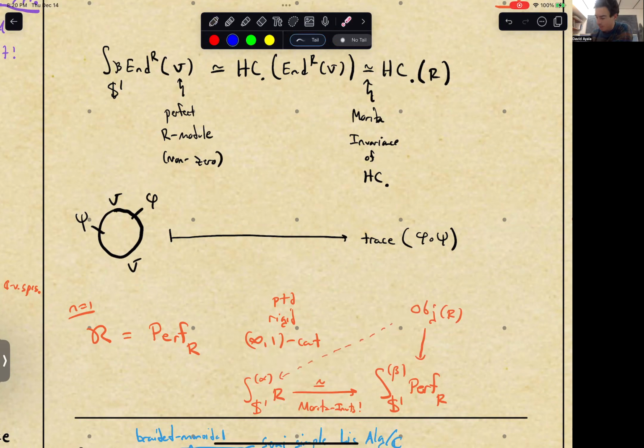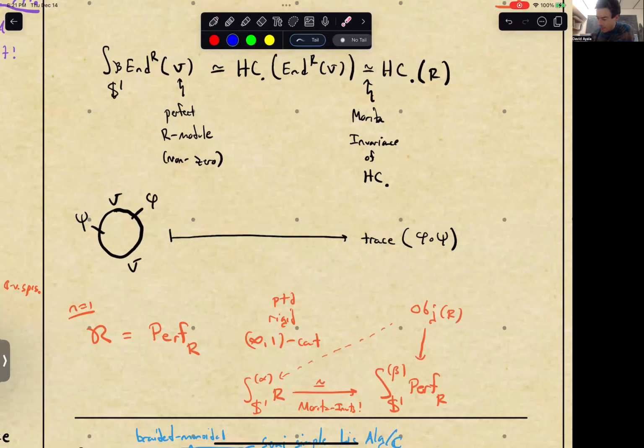And so part of the reason that Nick Rozenblyum and I even started thinking about beta factorization homology was in order to achieve this map, which is ultimately responsible for a trace map of K-theory, and then combine it with Morita invariance.